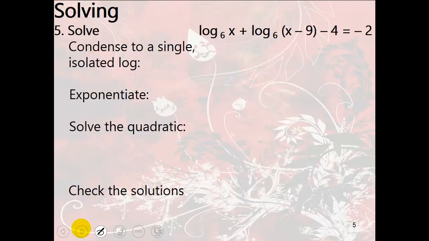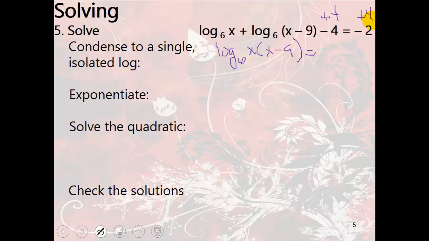All right, here's our next log equation. So what we're going to do here, there's lots of steps. I'm going to do 2 in 1. I'm going to condense and isolate at the same time. So that requires me to add 4 to both sides over here. And then when I condense this log base 6, these two inputs will be multiplied together.